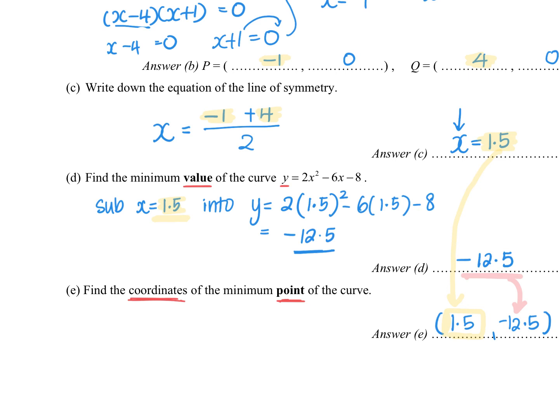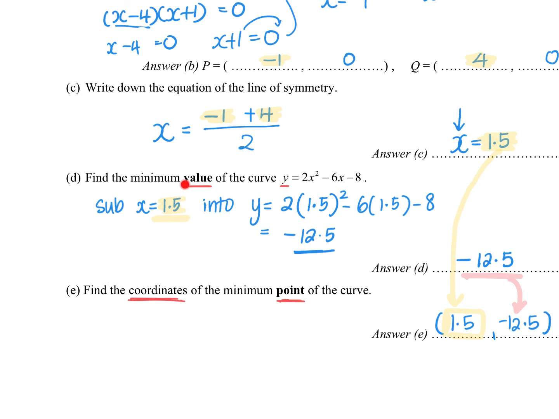Okay, have you gotten the concept? When we want to find the minimum value, or the maximum value, what do we need to know? We need to know that the equation for the line of symmetry, the x value, is the same as the x coordinate for the minimum point, right? And how do we find the y value?